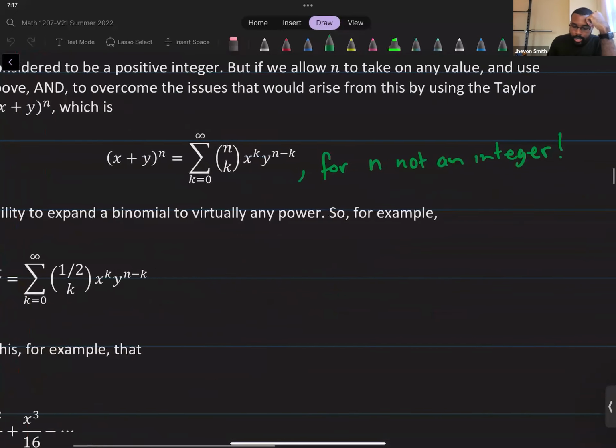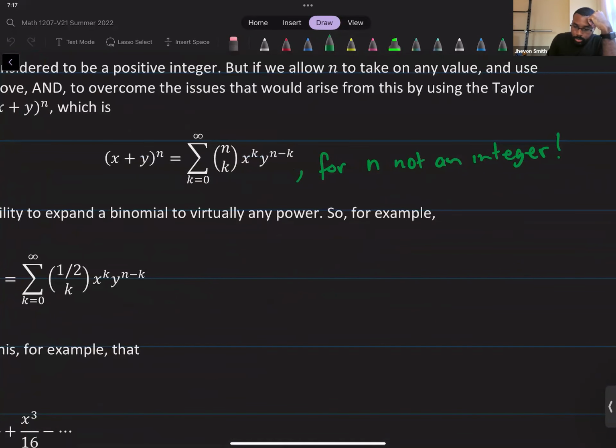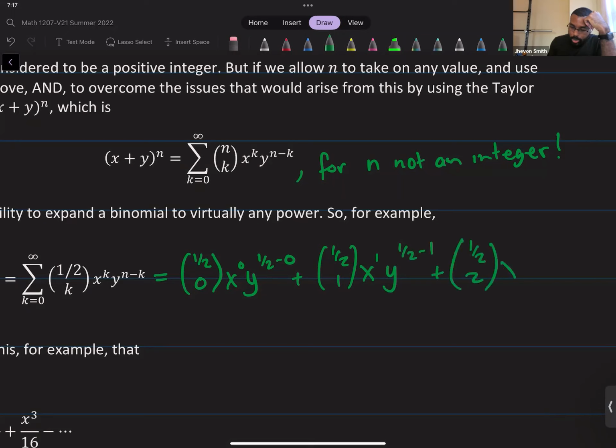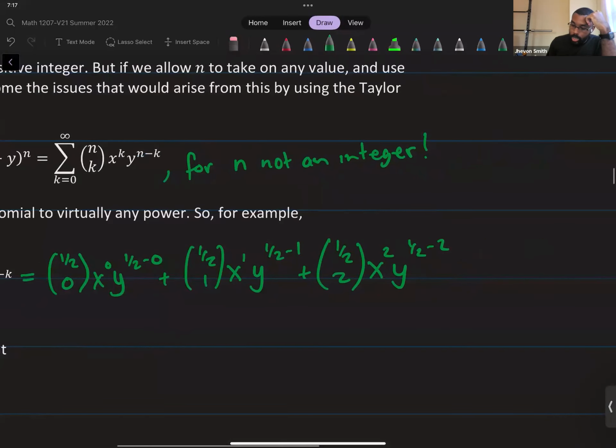What that would look like is 1/2 choose 0, x to the 0, y to the 1/2 minus 0, plus 1/2 choose 1, x to the 1, y to the 1/2 minus 1, plus 1/2 choose 2, x to the 2, y to the 1/2 minus 2, and it would keep going.